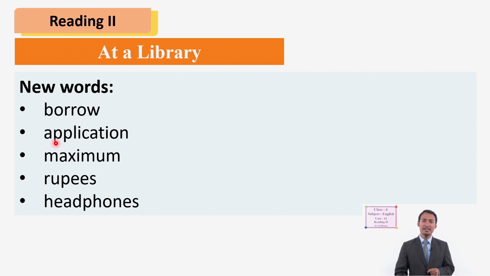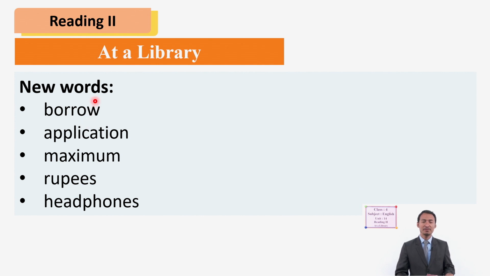Another one is application. Application. Another word is maximum. Maximum. Another word is rupees. Rupees. Another one is headphones. Headphones. Okay students, what do they mean?